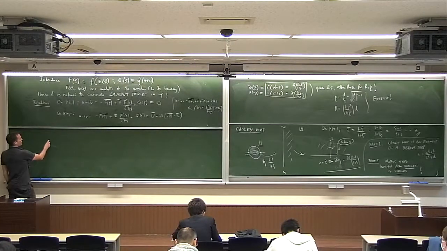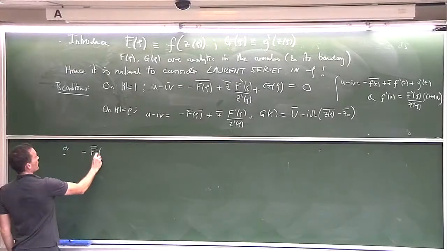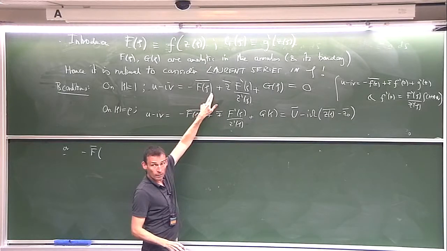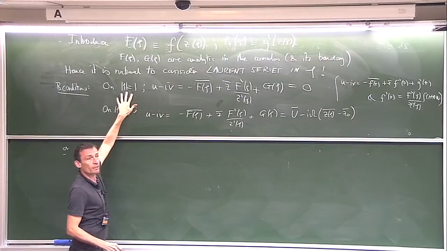Let me simplify these. This is F bar of zeta bar. Now, on this circle, zeta bar is 1 over zeta.